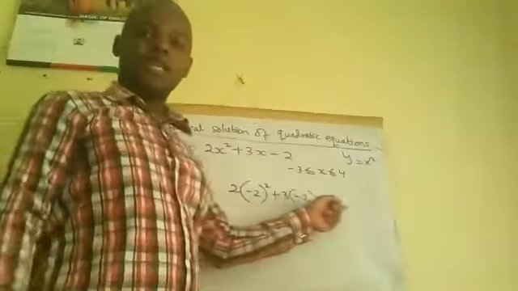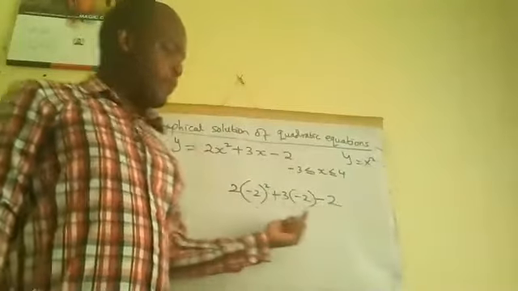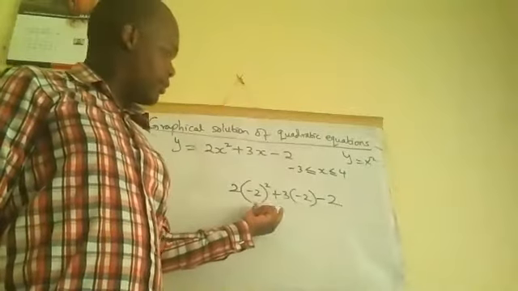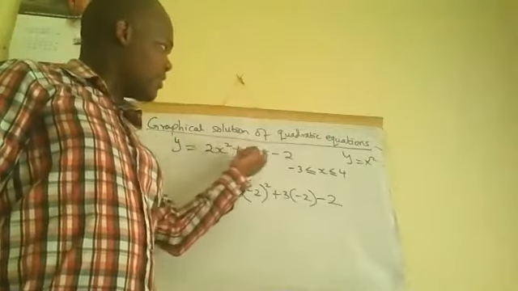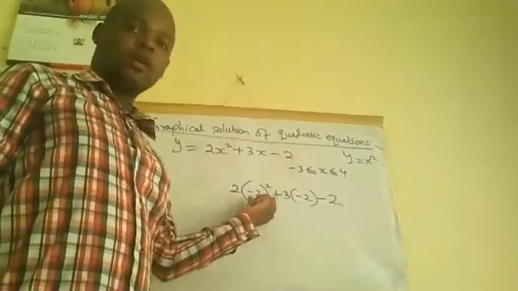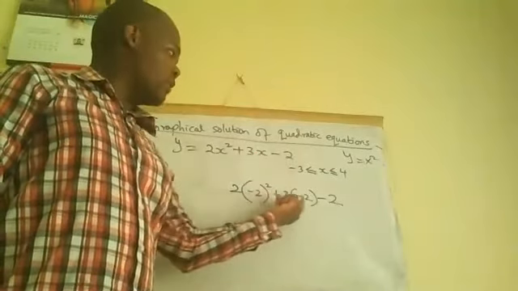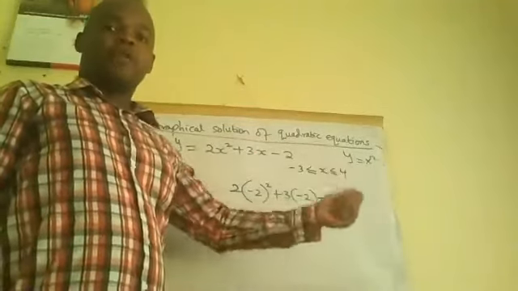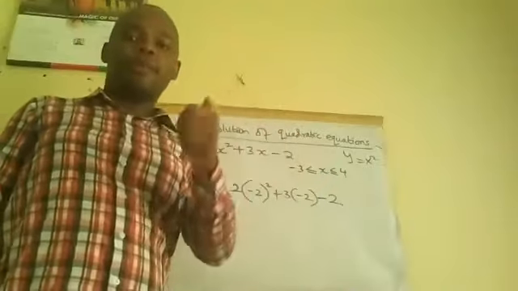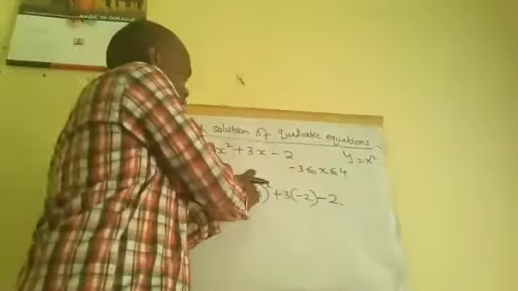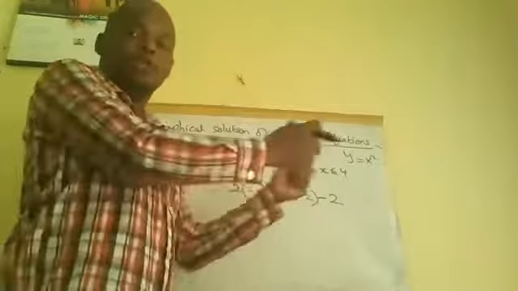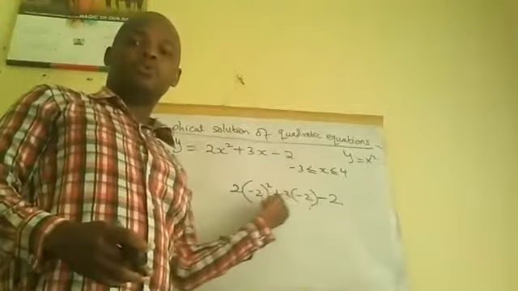So you can key this in the calculator. There are students who don't know how to use a calculator. So this is 2x squared plus 3x minus 2. I want to key it in when x is -2. Then you get the answer. Then you press the replay, and then you can change it to -1, change it to 0, change it to 1, to 2, and so on.